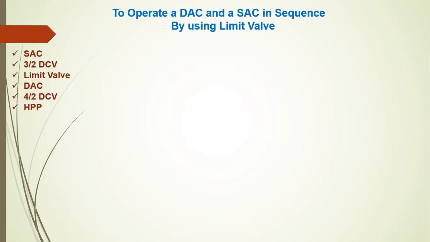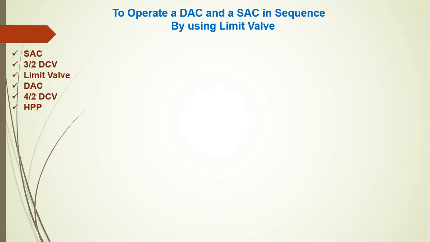Most circuits are operated directly by a pressure control valve or flow control valve to extend and retract, but in this sequence circuit it is operated by a limiting valve.